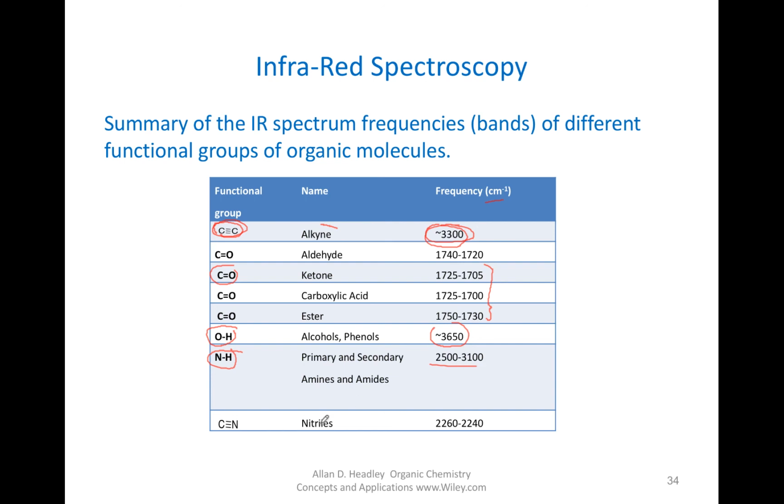And of course the nitrile is in this region. So once again, if there's an unknown compound, you do not know what functional group is present in that unknown compound, the infrared spectrum or infrared spectroscopy can be used to give you an idea of what functional group is present. Okay?